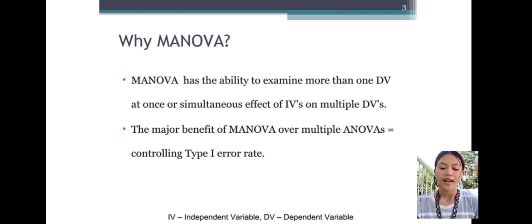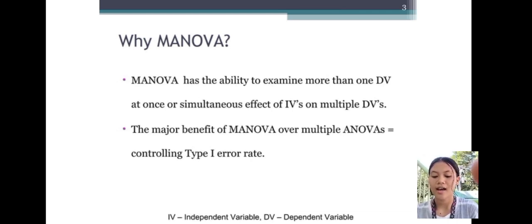Think of it like this: MANOVA is like a detective who looks at all the evidence at once, while multiple ANOVAs are like a detective who only looks at one piece of evidence at a time. The more evidence you look at separately, the higher the chance of making mistakes, which you avoid by analyzing everything together.